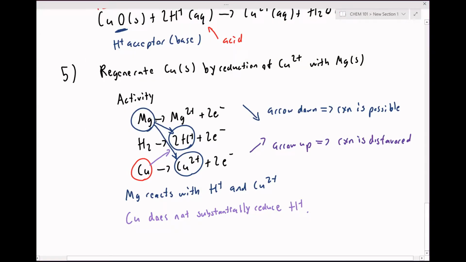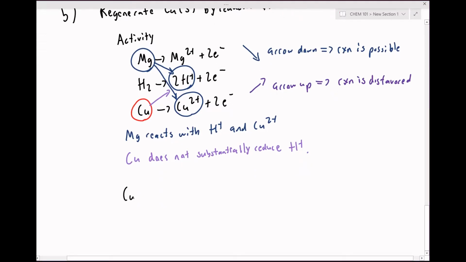from this acidic solution. So we're going to take our copper sulfate solution and we're going to react it with magnesium metal. Now, of course, all of these reactions are run in an acidic sulfuric acid solution. We still have sulfuric acid left over from our earlier steps.